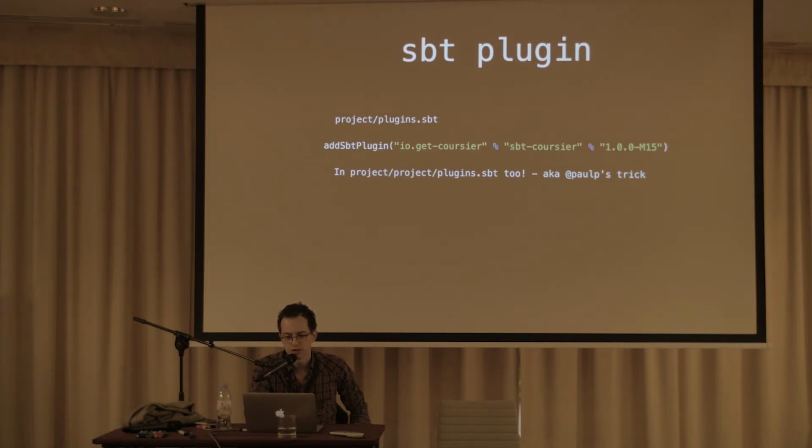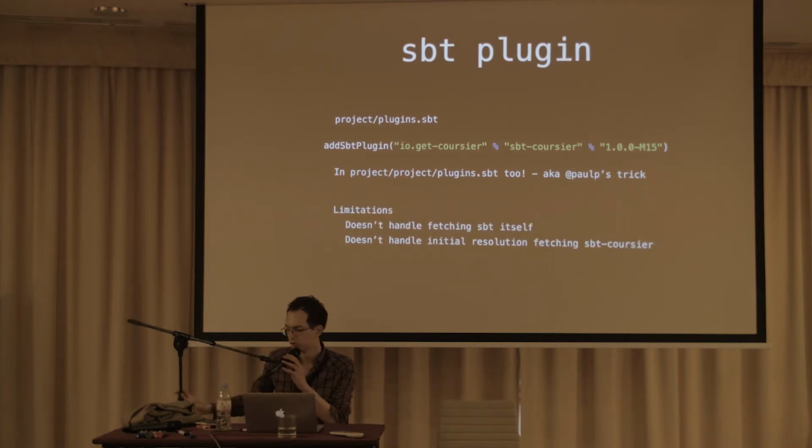That is, we put it in project/plugins.sbt, and Coursier gets downloaded for this parent project, and so it is enabled for the plugins that are simply in project/plugins, and Coursier fetches all the plugins this way.